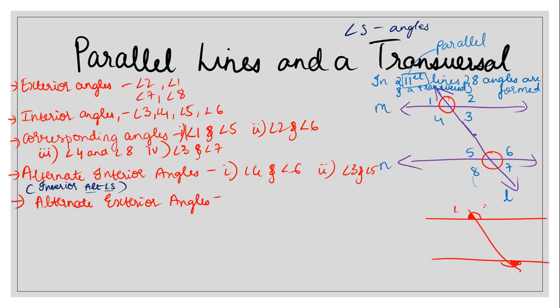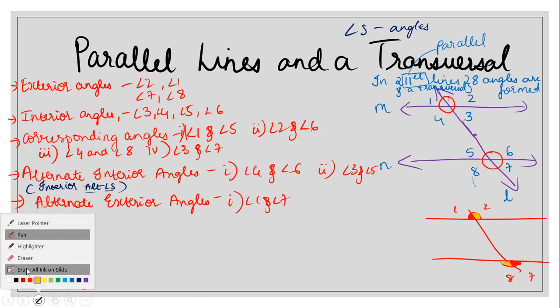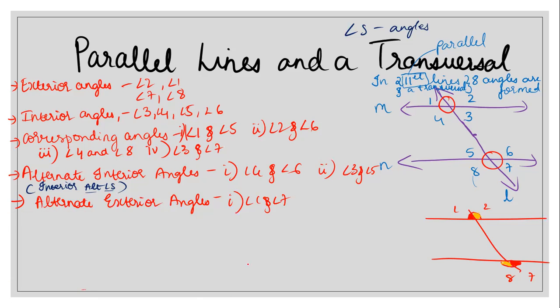Here in this case, this is angle 1, angle 2, angle 8 and angle 7. So angle 1 and angle 7 are alternate exterior angles, whereas angle 2 and angle 8 are another pair of alternate exterior angles. In the exterior side, we have alternate angles. That's all.